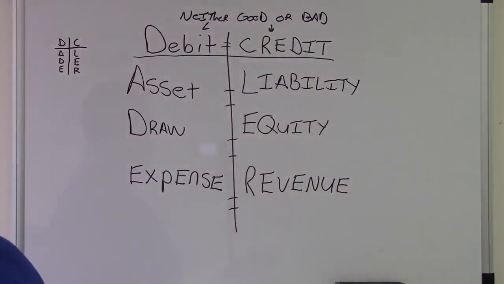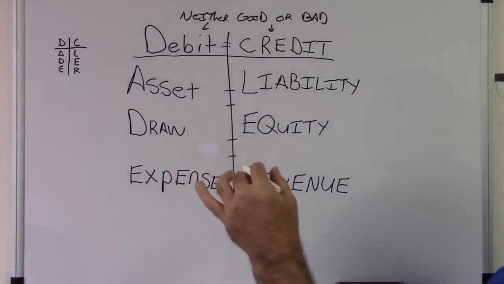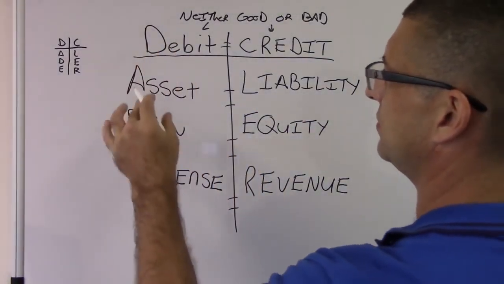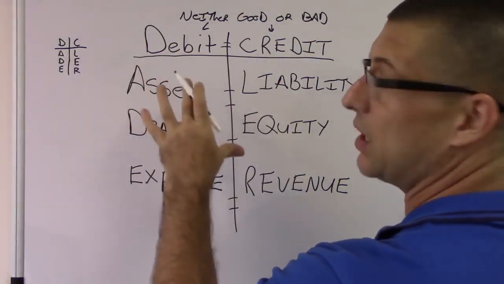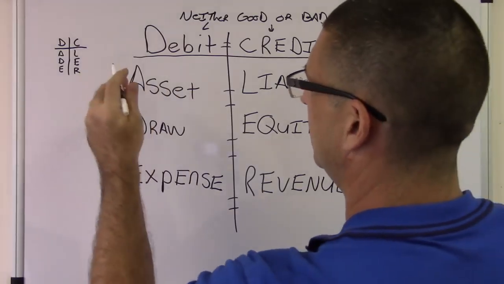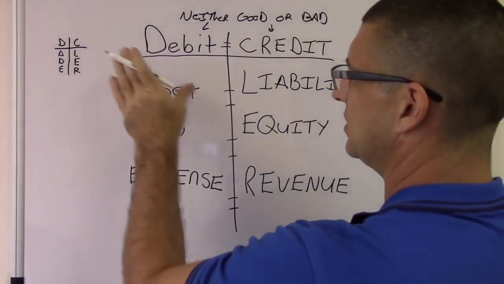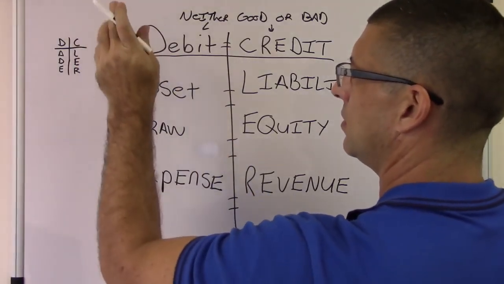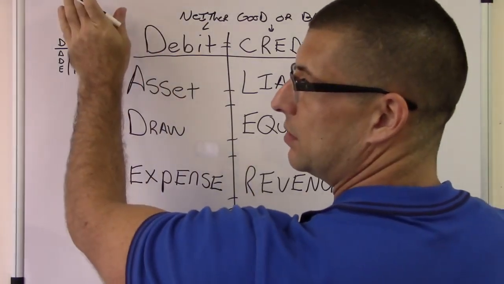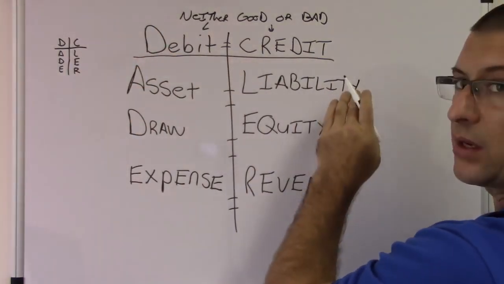Okay? Now, these are positive sides. So if you have a positive asset, if you have money coming in, that's a debit. If you have a negative asset, it's a credit.